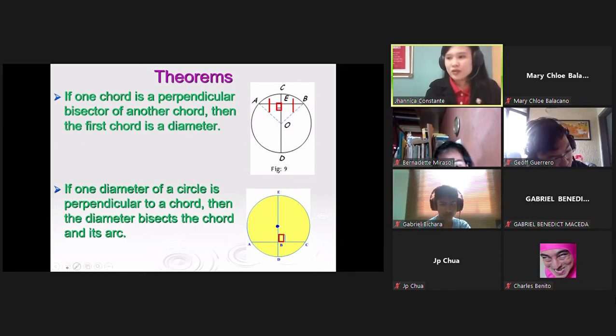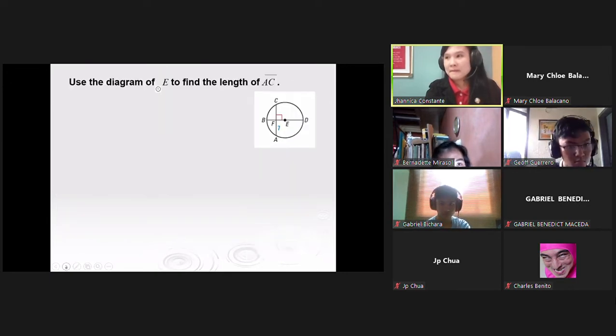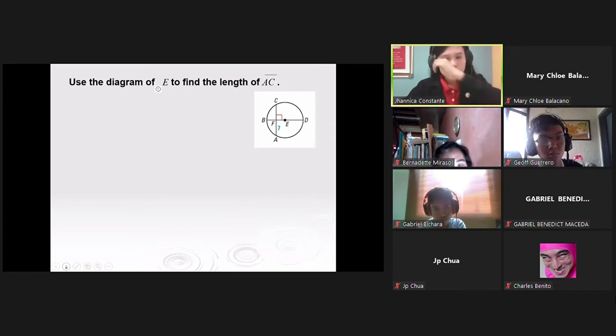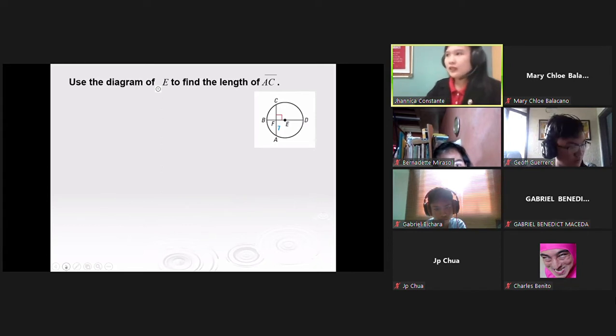For example, in the diagram, circle E, we're going to find the length of the chord AC.